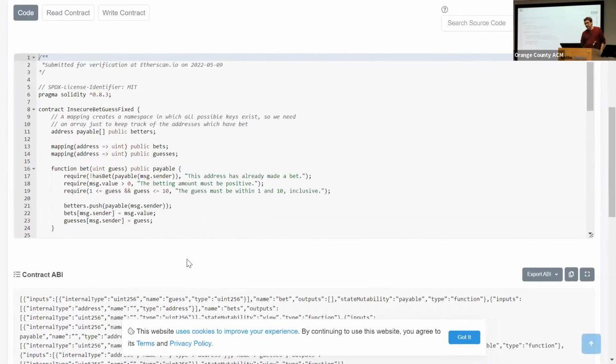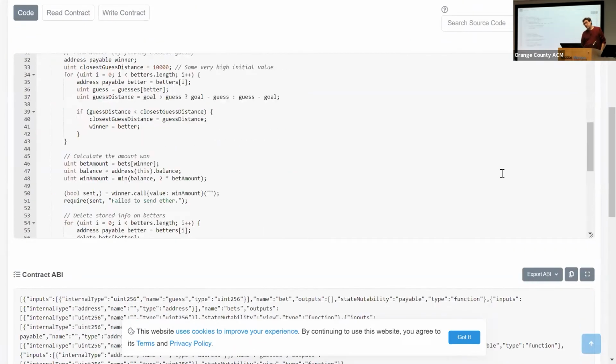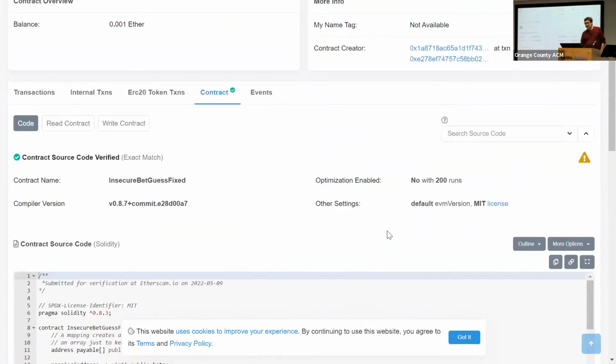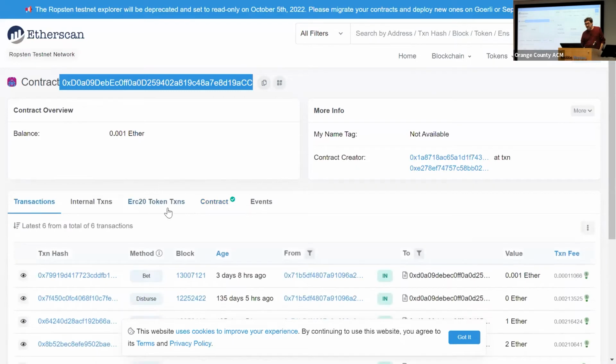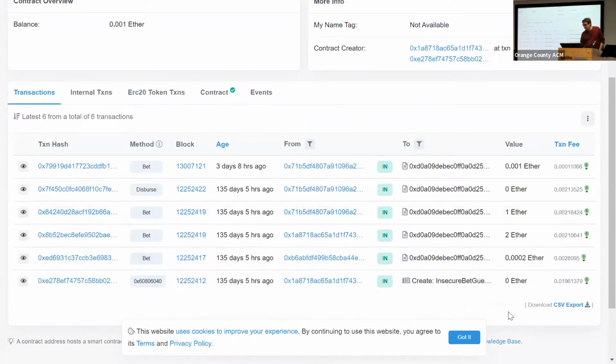The code is a bit more complicated than the one I put on the slide, but that is not the important part here. One thing that is important, something we briefly mentioned, is that all past transactions that ever happened are publicly available. Here we get to view all the past transactions that involve this particular smart contract.